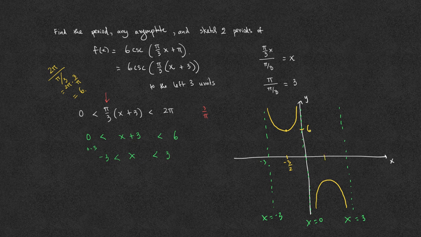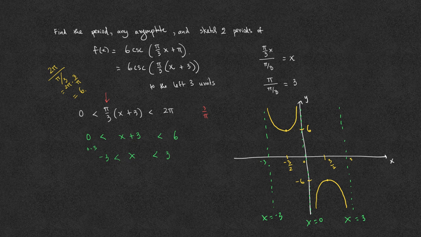And when x equals positive 3/2, which is half the distance from 0 to 3, the y value should be negative 6. Essentially, this is the graph of cosecant of x, but with different labeling and with the horizontal shifting, so that we now have the corresponding vertical asymptotes in the appropriate place.